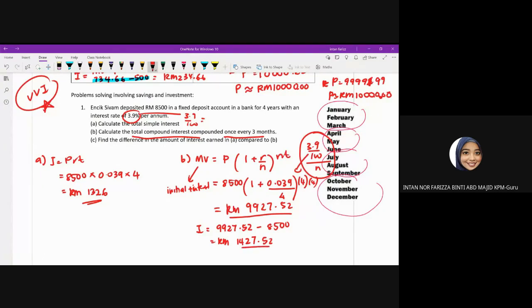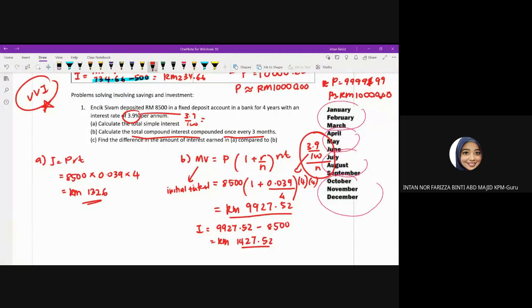Can you see now? The value is more logical because it is 1,000 plus for each of A and B. We are comparing the interest amount only, which is why we don't use the MV, 9,927. We want to find the interest only. That's B, girls.